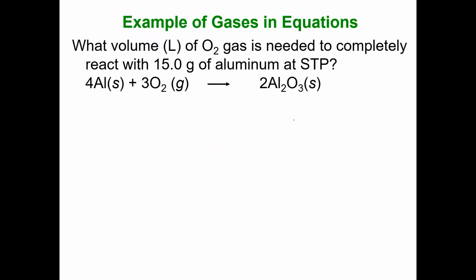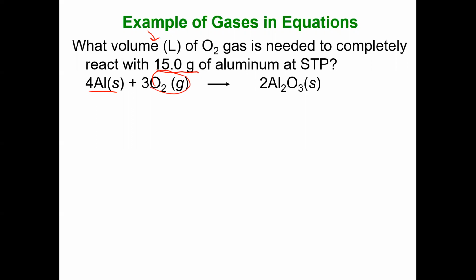So here's an example. What volume in liters of O2 gas is needed to completely react with 15 grams of aluminum at STP? So how do I recognize that this is a stoichiometric problem? First, they give me a quantity of one of my reactants. They want to know a quantity for a different reactant.